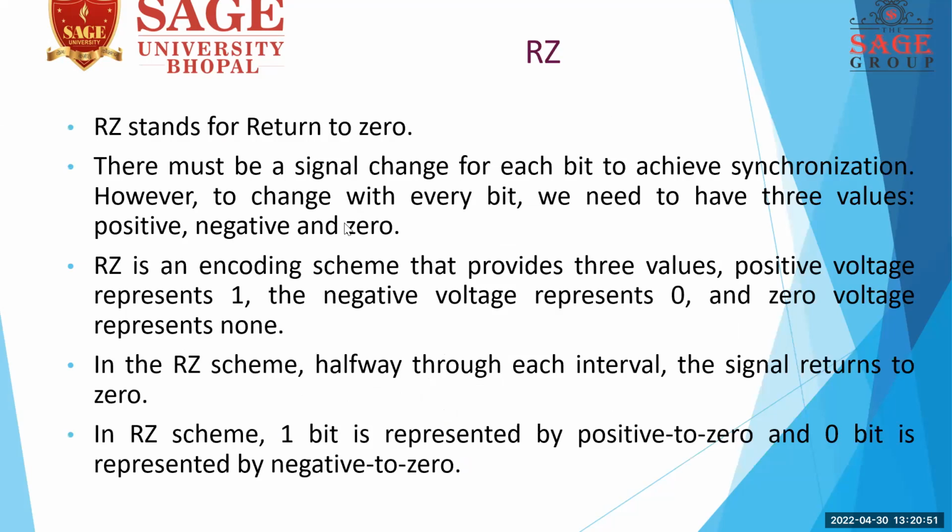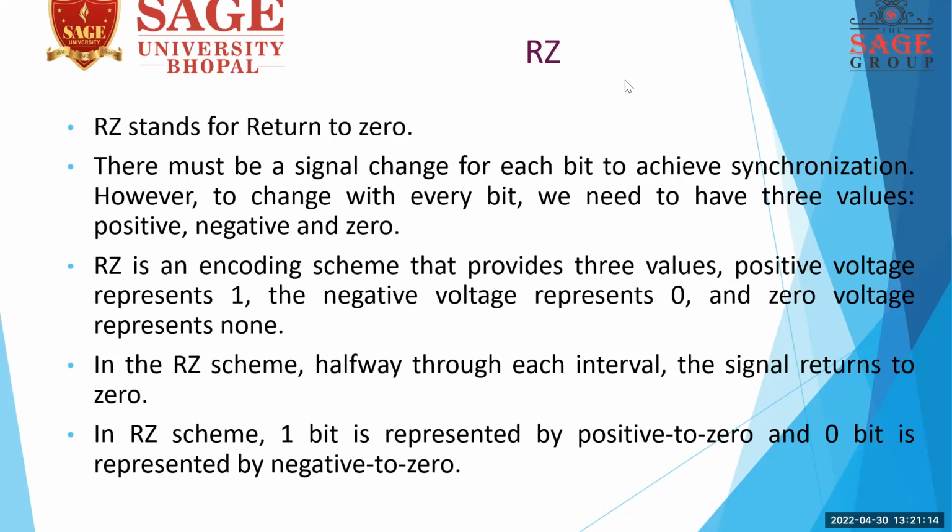And what about RZ? RZ stands for return to zero, and return to zero means there must be a signal change for each bit to achieve synchronization. However, to change with every bit, we need three values: positive, negative, and zero.